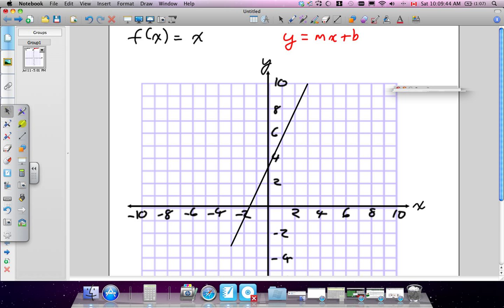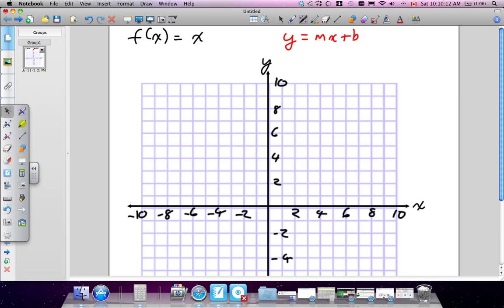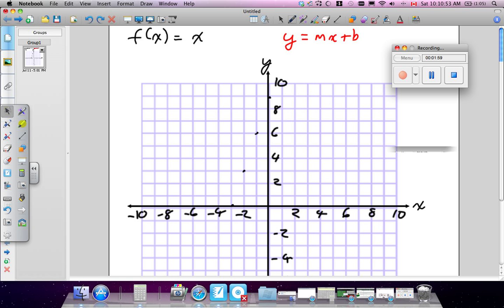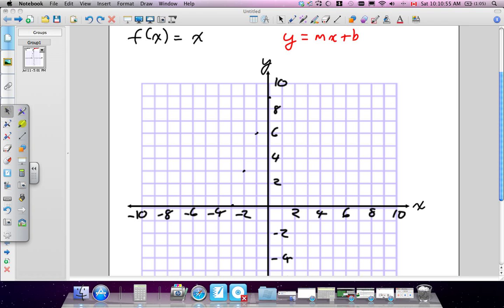Okay, alright, so we have a line, and it looks something like this. Why is it so slow today? There we go. Hopefully it's going to start working. Yeah, there we go. Okay, so say we have a line like this.